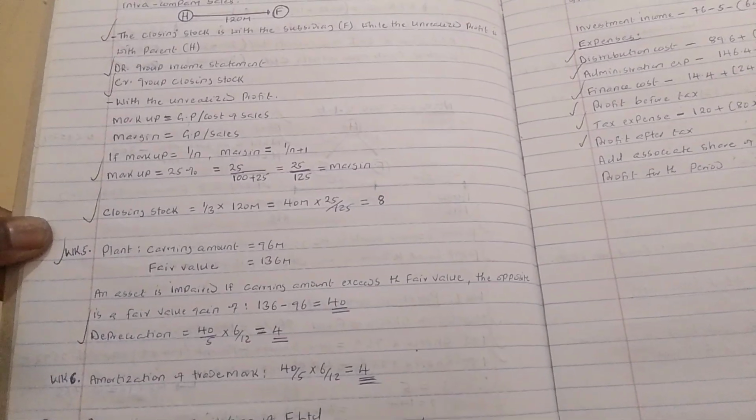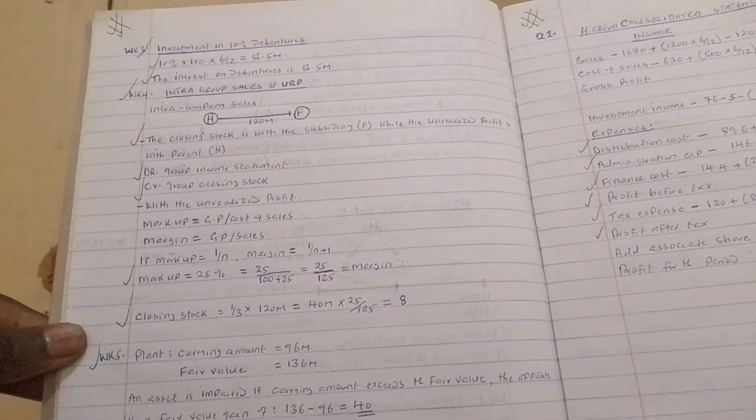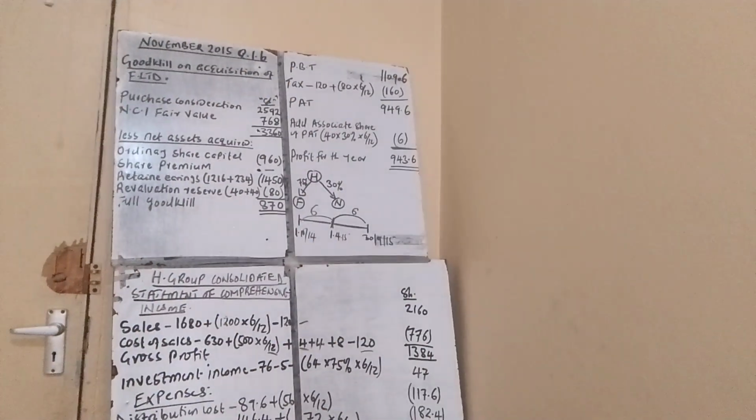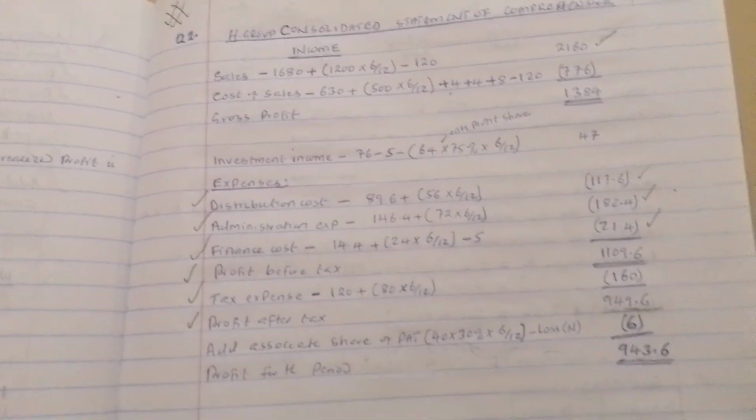So working numbers 4, 5, and 6 tell you where those figures are coming from. So you have understood the cost of sales, where those figures are originating from.